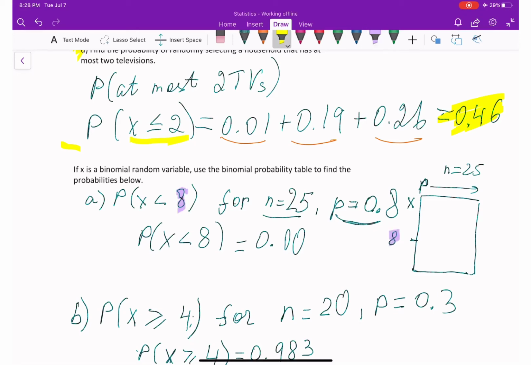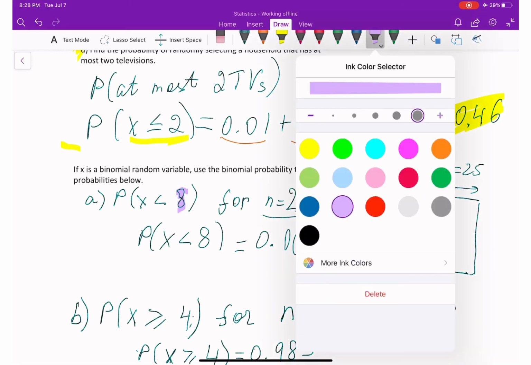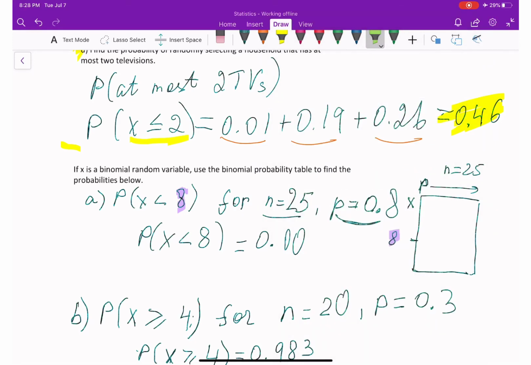And your probability of success, let me see. You take probability 0.8, which is going to be somewhere here, 0.8.